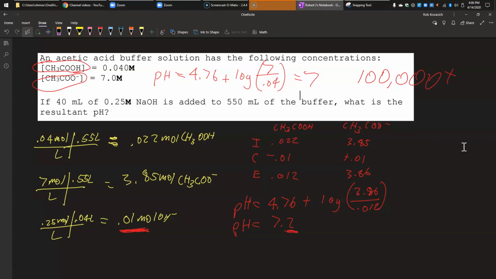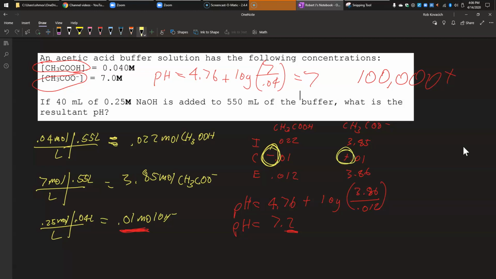We did add a base. Oh, when an acid, sorry. Absolutely. How does the problem change if an acid was added? If this was hydrochloric acid instead of sodium hydroxide, this right here would become positive, and this right here would become negative.